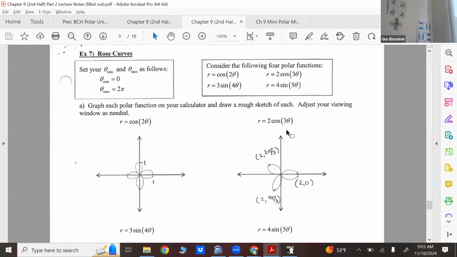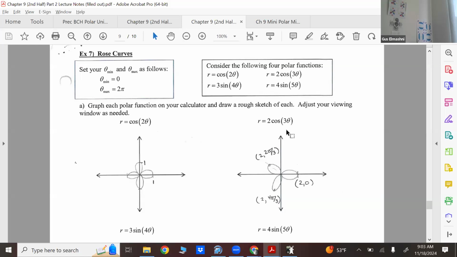If you have an odd number in front of theta, like here we have 3 in front of theta, you have precisely that number of petals. Generally the form will go like this: r equals, not an r squared thing or a square root, none of that business, it's really just r equals a cosine of something times theta. And you can have a coefficient in front of the trig function as well.